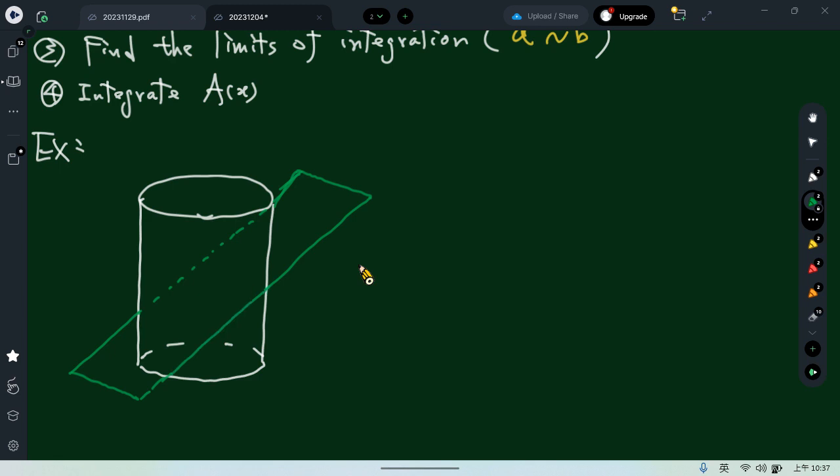After you cut it, you can see there is a cutting plane here.